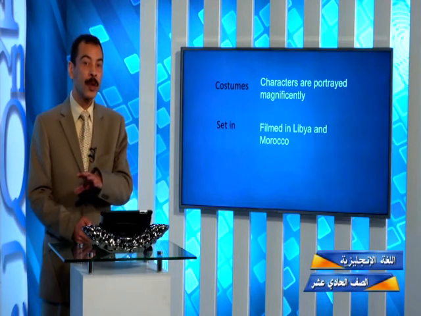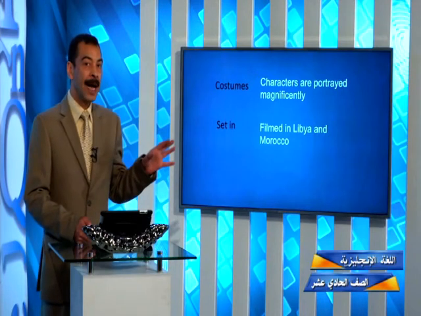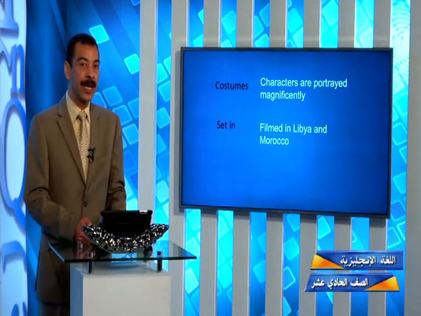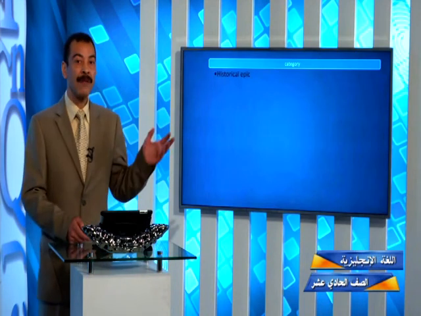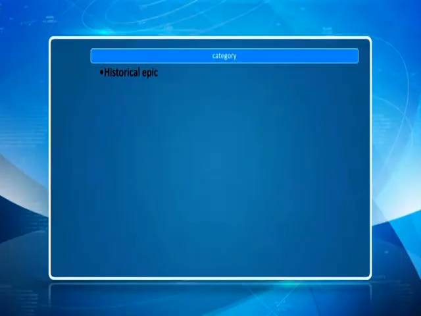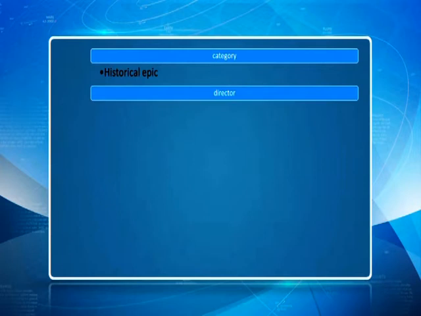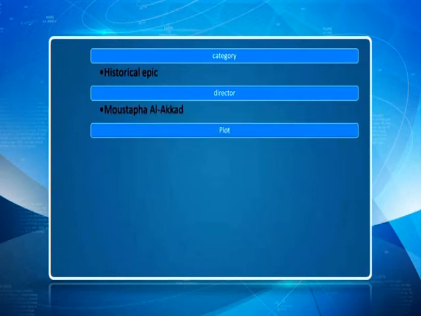So this you will do alone, but here I have summarized the information in the text, and we have something like this. For example, the category of the film is historical epic. This we have seen earlier. What else? We have also information about the director, who is, yes, Mustafa Al-Akkad. That's excellent. And we have some information about the plot. And the plot, as we mentioned, is about the story of Islam.